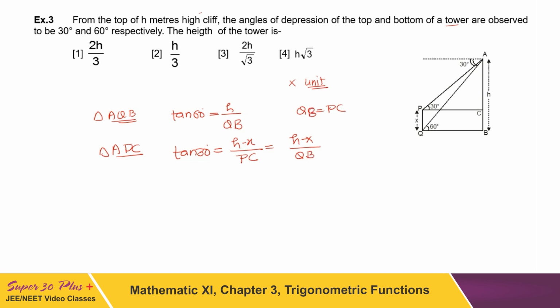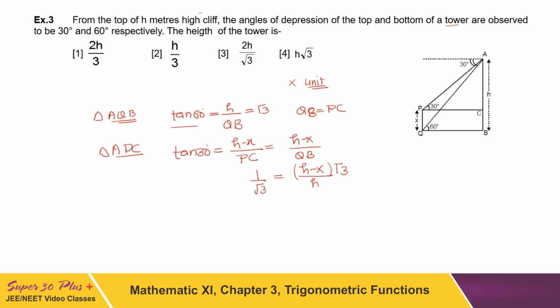And what is the value of QB from here? As we know, tan 60 is root 3, and the value of QB is h upon root 3, means it is equal to (h minus x) upon the value of QB, h upon root 3, means it is multiplied by root 3 is equal to tan 30. What is the value of tan 30? It is 1 by root 3.